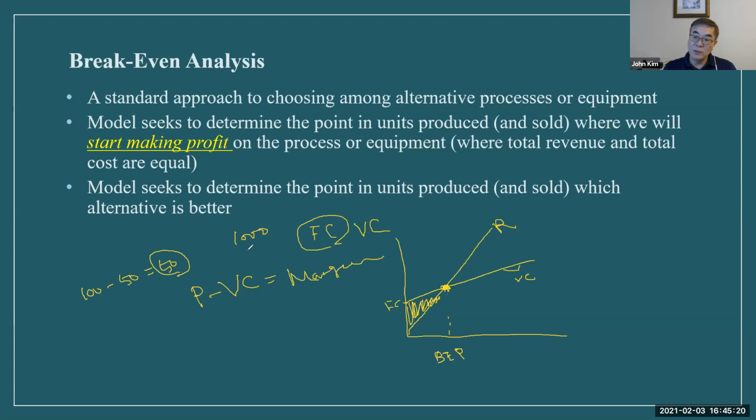sell 1, minus 50, sell 2, another 50, and so on. So to offset all the fixed cost, 1,000 divided by margin 50, that will be 20. So to get there, more than 20, then after this point, this is profit.